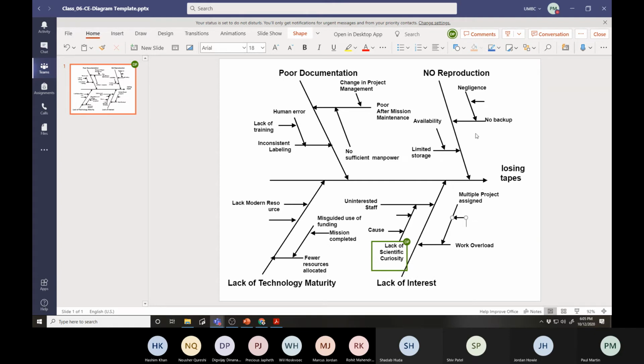Thus, neglecting the whole, what do we do with these tapes? Yeah, that's actually a real good one, lack of interest. Now, that may be more of a people thing. Like if you put that as one of the causes or whys, that may have worked out well here.